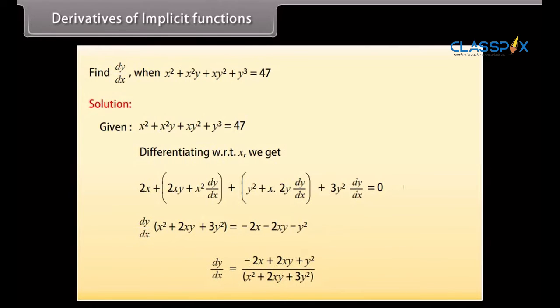Dy by dx is equal to minus of 2 into x plus 2 into x into y plus y square, divided by x square plus 2 into x into y plus 3 into y square.